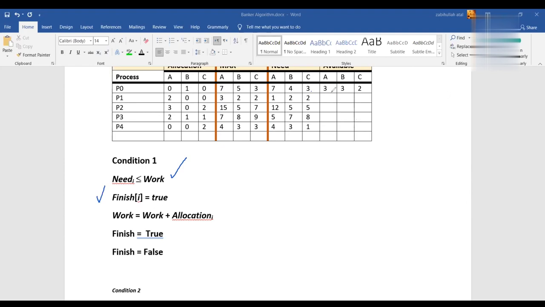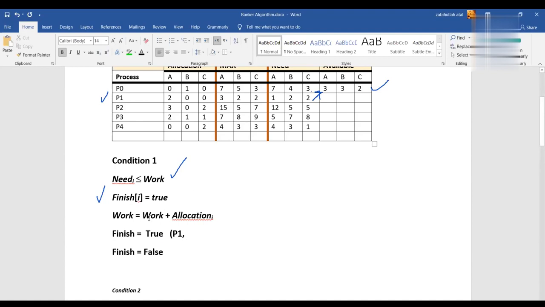We have available 3, 3, 2 resources. So P1's need, 1, 2, 2, is it less than or equal to this or not? Yes, indeed. So according to that, P1 will become true and it's finished.